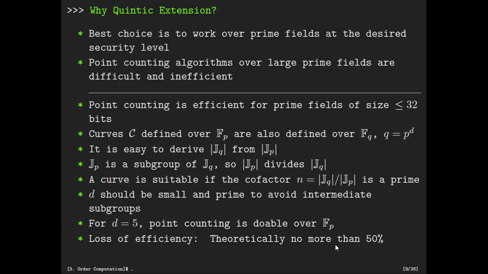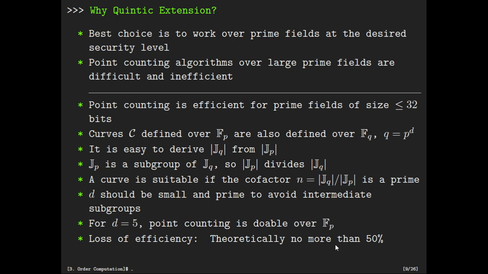Now why are we dealing with quintic extension instead of curves defined over large prime fields? Because in elliptic curve literature we found many families of elliptic curves defined over large prime fields. But for hyperelliptic curves, point counting algorithms over large prime fields are difficult and inefficient.